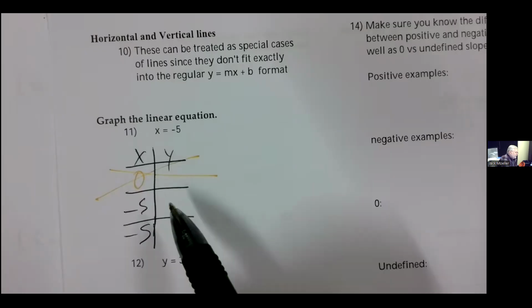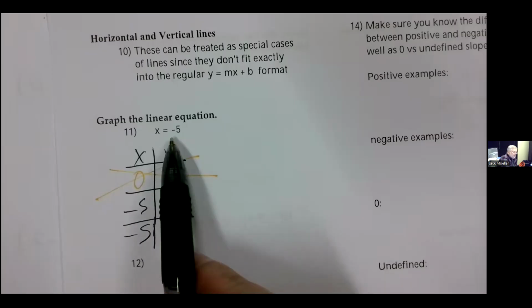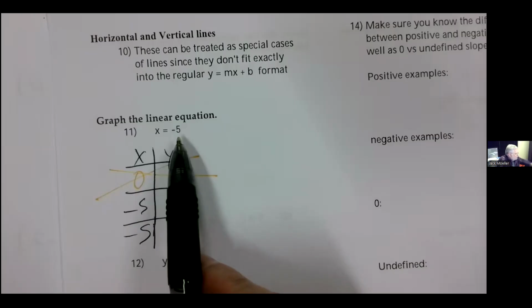Well, here's the trick, or maybe the idea. If you have an equation with only x's, then y can be anything, because there's no constraint on y whatsoever.